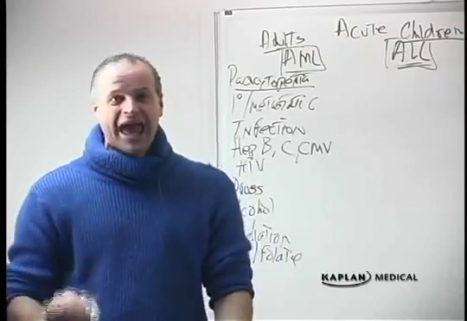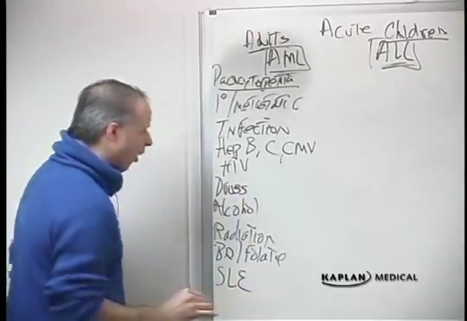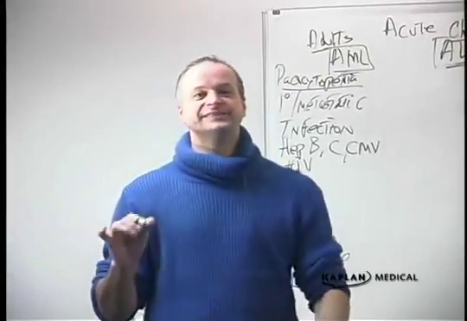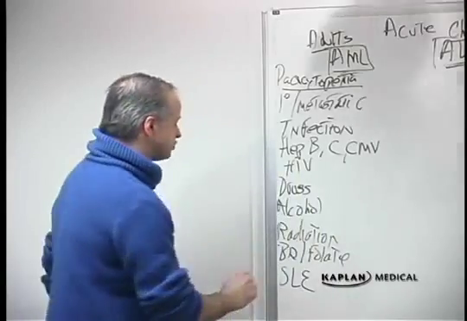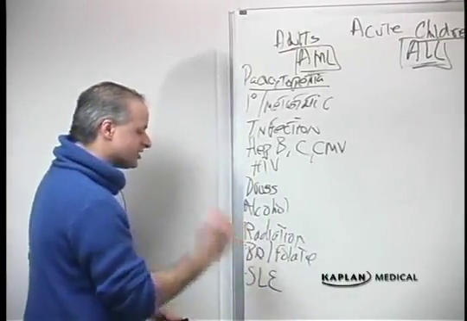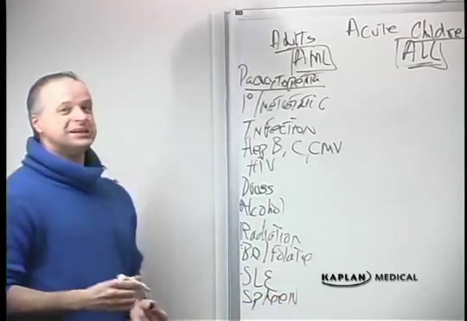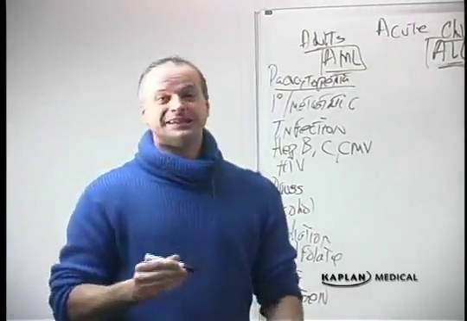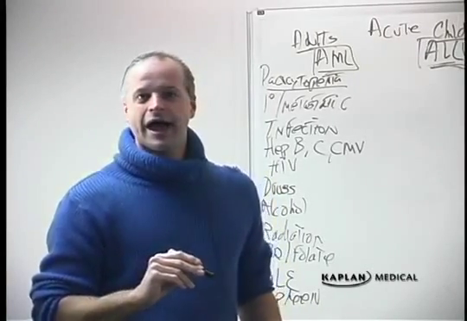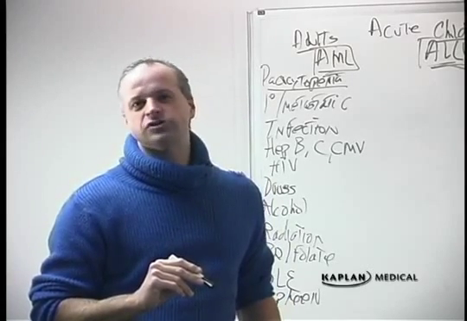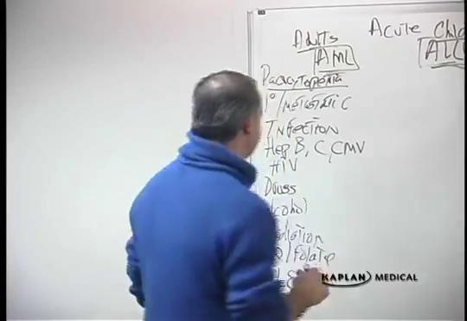Whites, reds, and platelets happens also with lupus, and it hits all 3 cell lines as well as the spleen. Now, I know you're used to thinking of the spleen as a cause of platelet sequestration, which it is. However, the spleen can also cause the sequestration of all 3 cell lines.